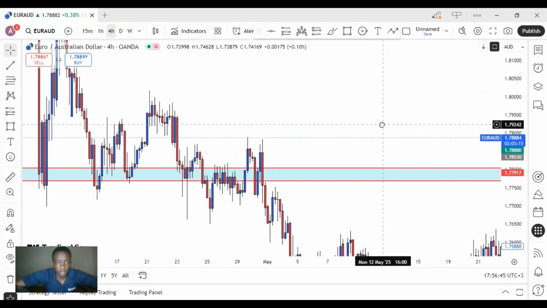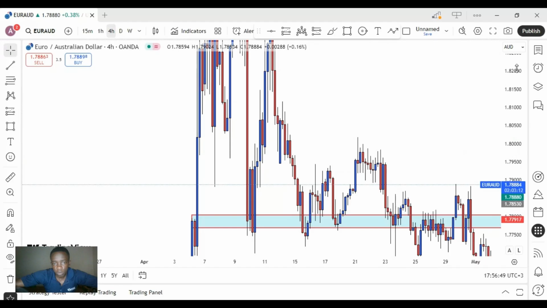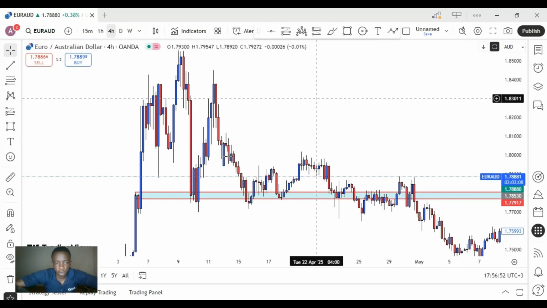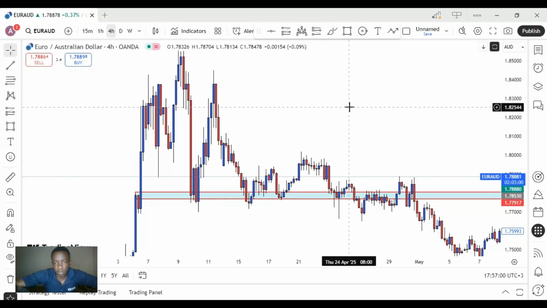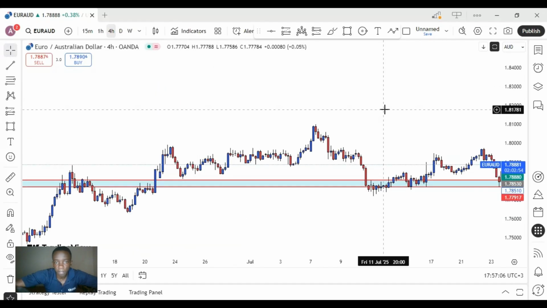In the past, whenever price reached this point, it pushed out massively to the upside. So those are already 2 touch points.